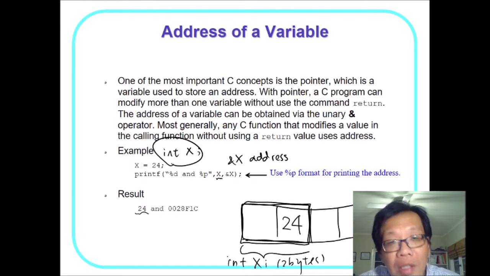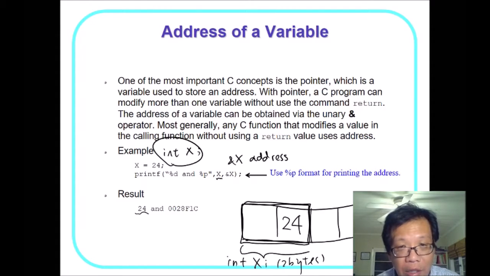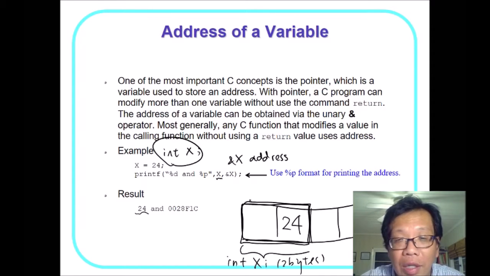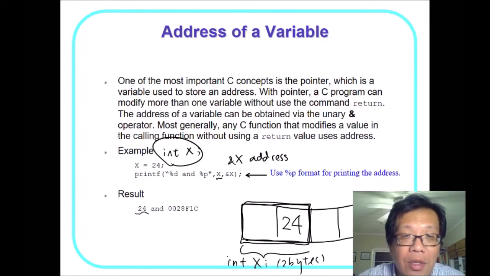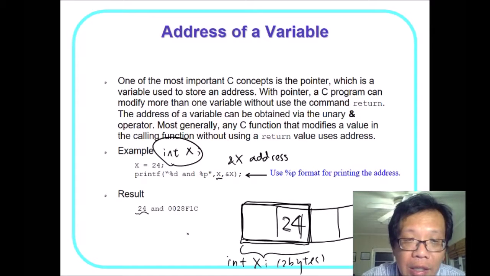Now I'm telling the system, okay, tell me what is the number stored in this space, and tell me where you store this number. So it's going to tell me what is over here, and this one over here is the address.